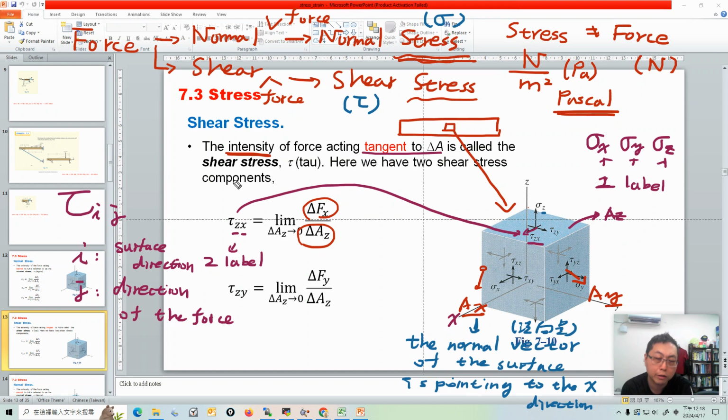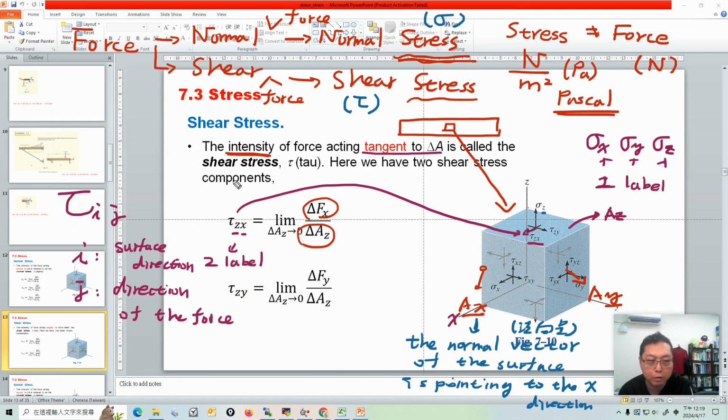In normal stress, we only have one label: x, y, z only. Actually, in very fine detail, we can also use two labels for normal stress, but I won't talk about this in detail because I don't want to make this topic too hard.